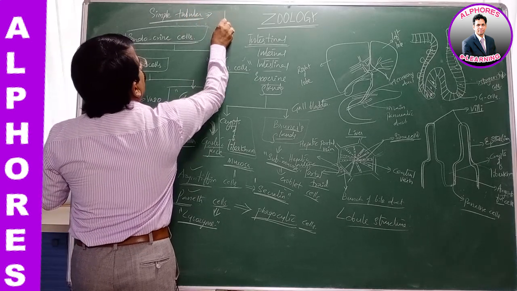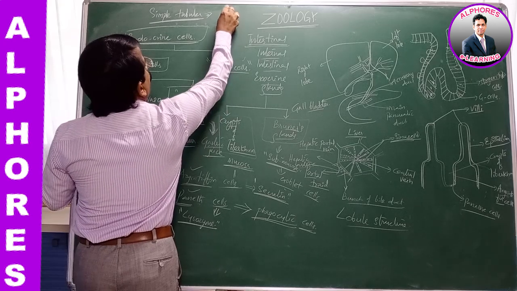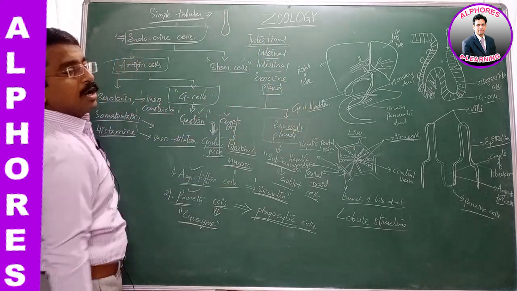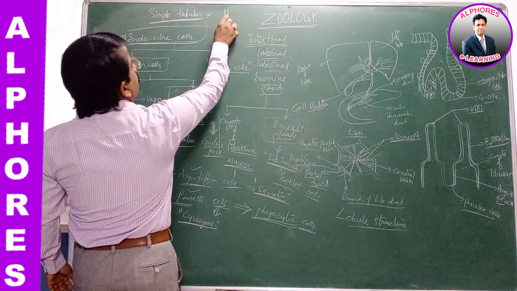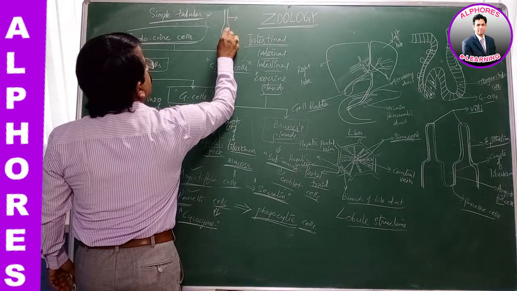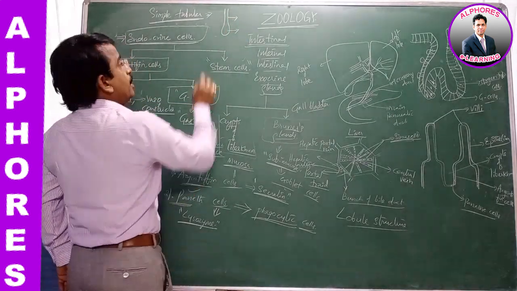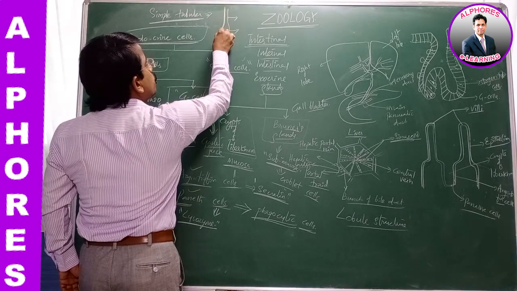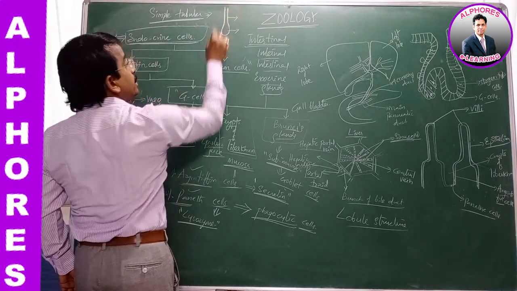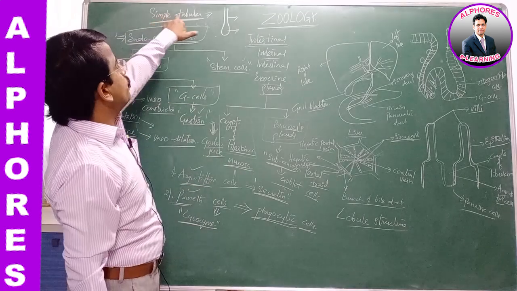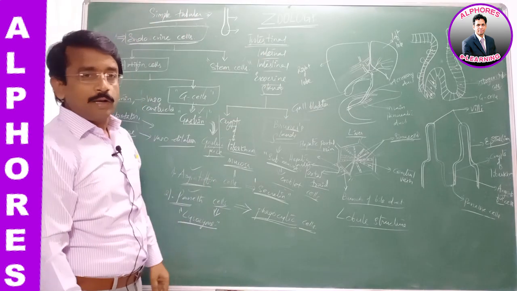This is the simple tubular diagram that we can see there. This is the duct and this is the secretory part. It is entirely tube-like and unbranched. That is the reason why it is simple tubular.